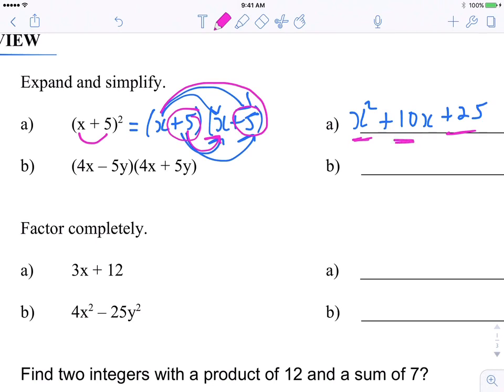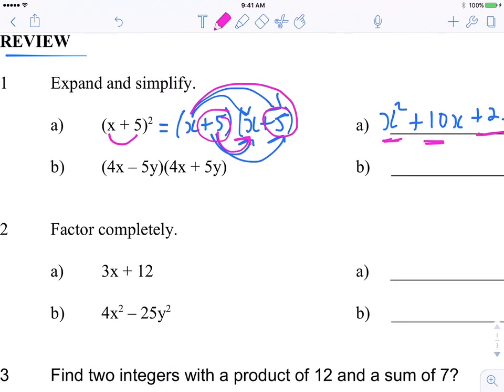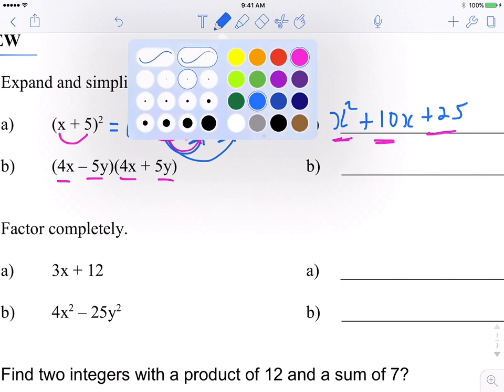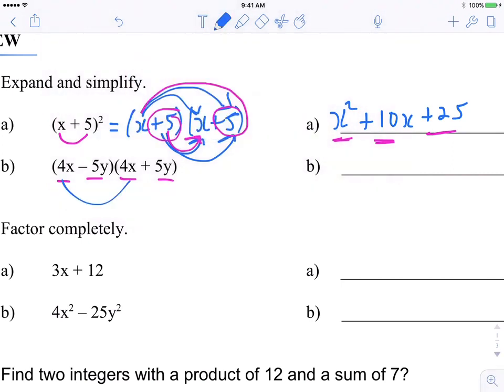The next example, number 1b here, you need to recognize this as a difference of squares. We have the exact same binomial, 4x and 5y, except we have one being subtraction and one being added. Recognizing that as a difference of squares, and from completing your homework, you should recognize that this ends up being 4x times 4x, which is 16x squared.